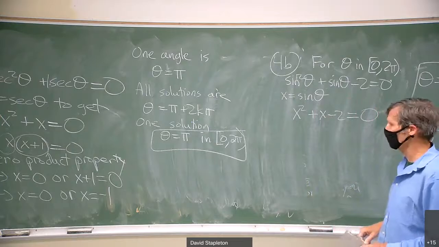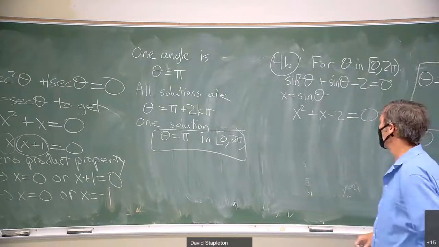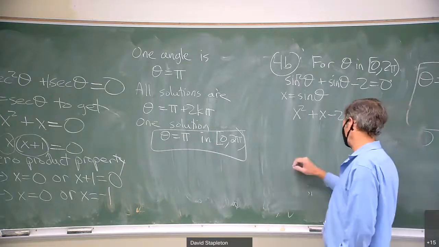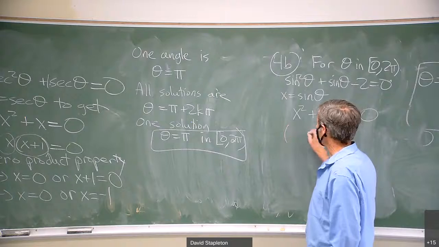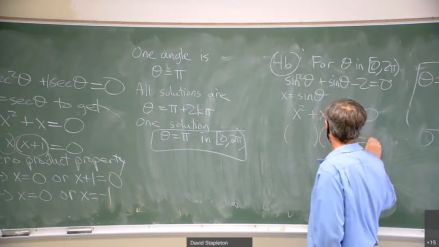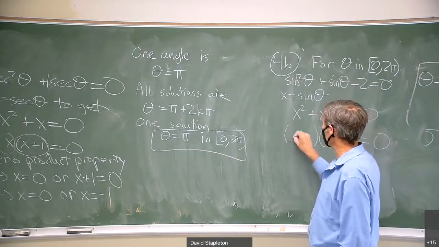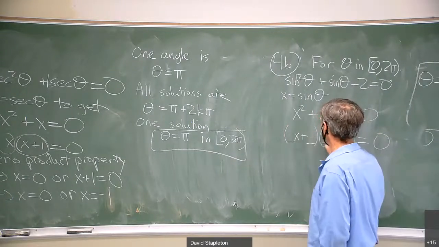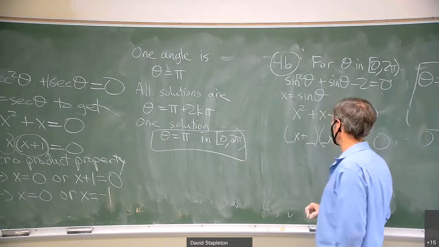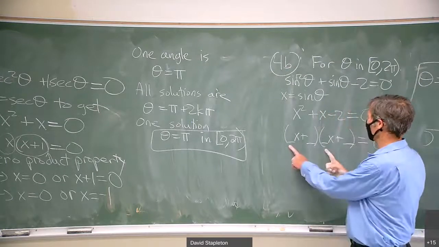This one factors, but it's harder to guess the factors, right? You can use the quadratic formula also. But if I'm going to factor this, I need blank times x plus blank times x plus blank to factor, right? What goes on these blanks?